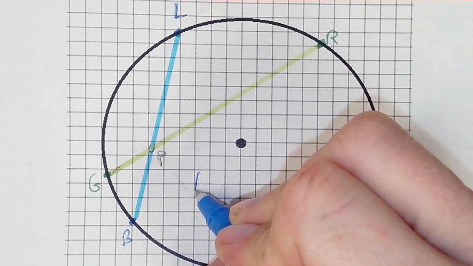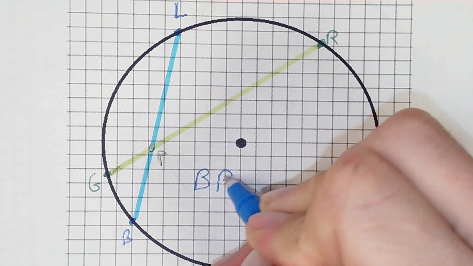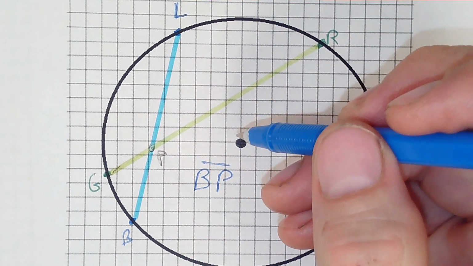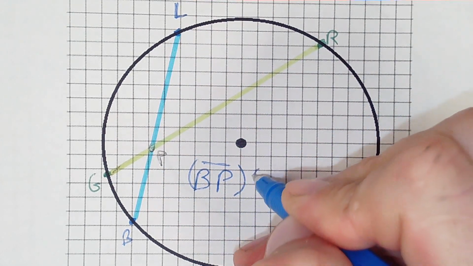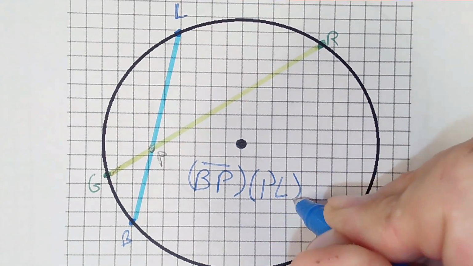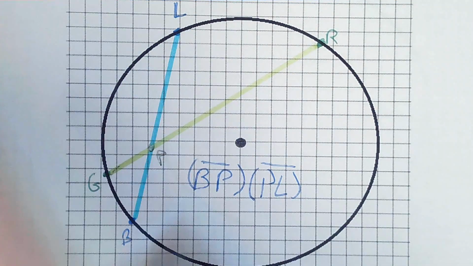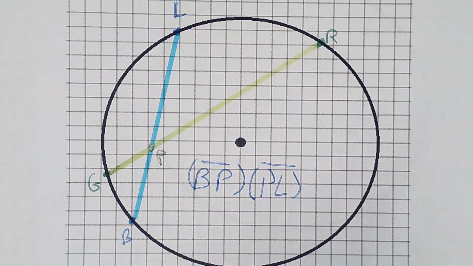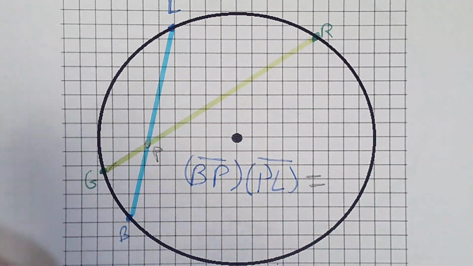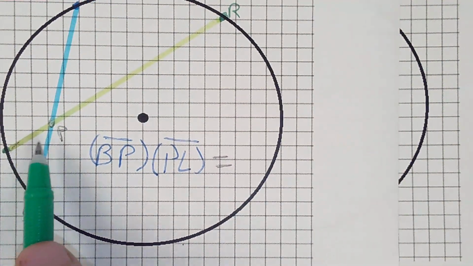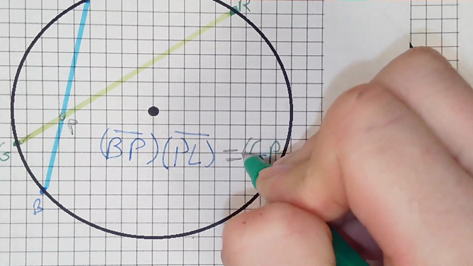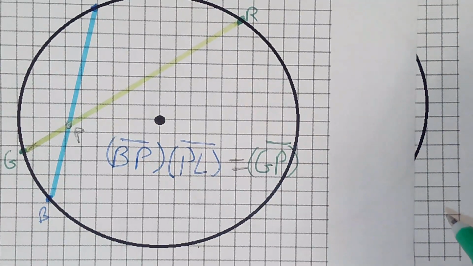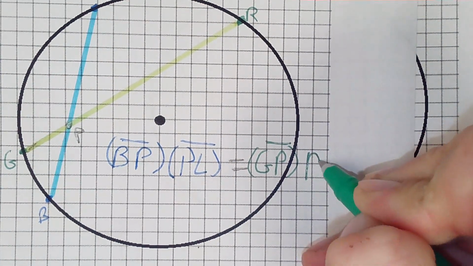So B, P, so this part of the line segment times P, L, the rest of the line segment, equals the short line segment part, GP, times, you guessed it, PR.